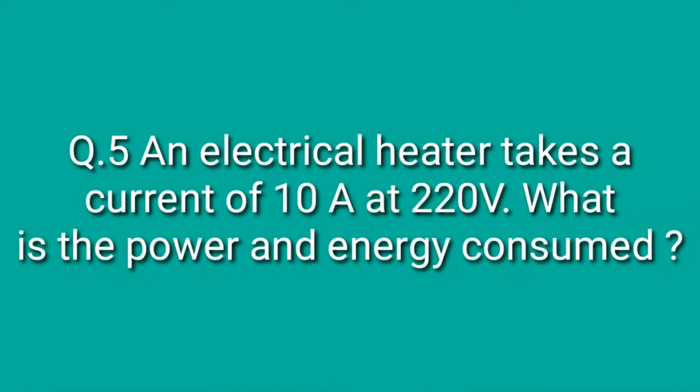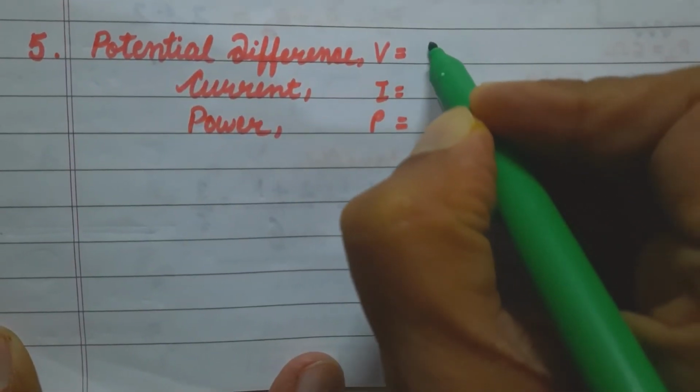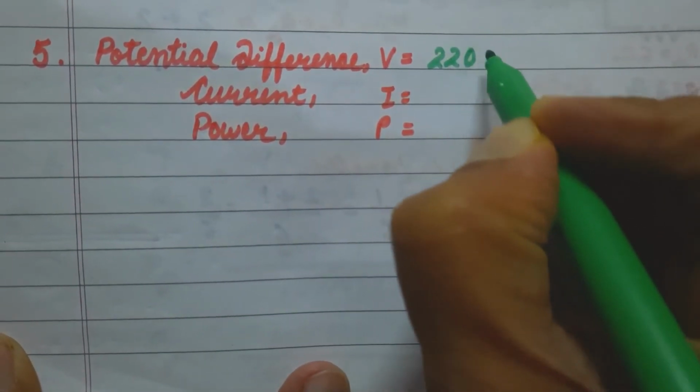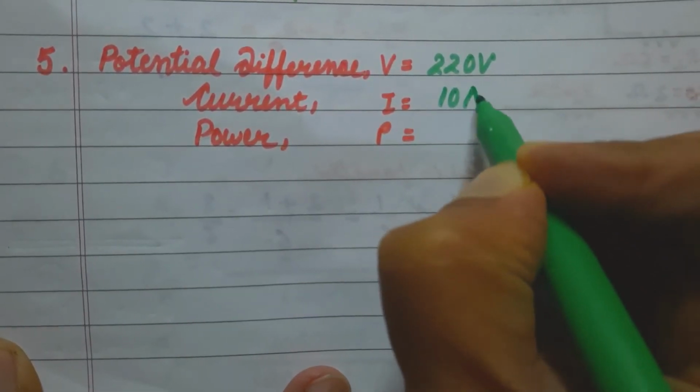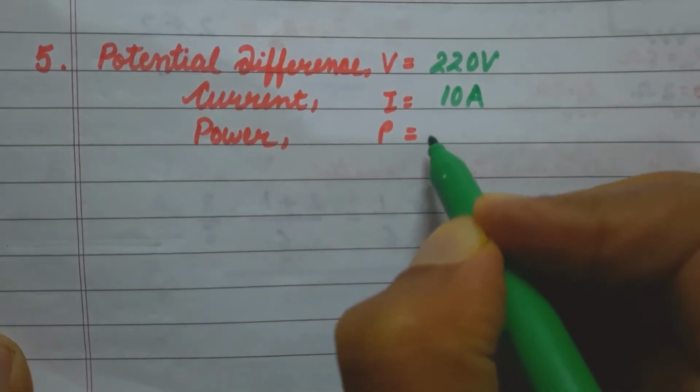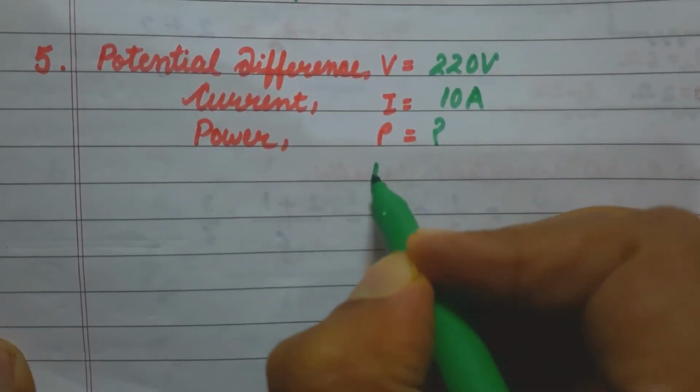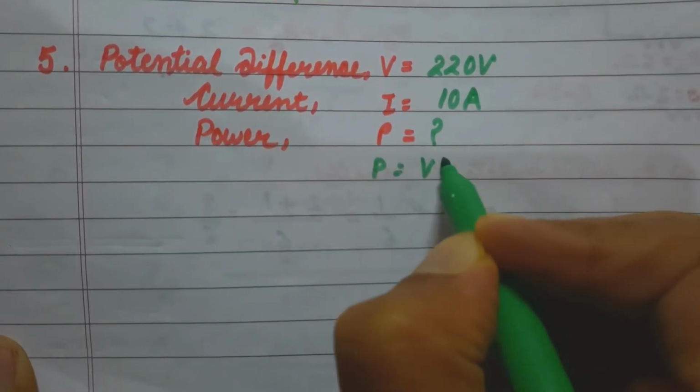Question 5. An electric heater takes a current of 10 ampere at 220 volt. What is the power and energy consumed? Potential difference is 220 volt, current is 10 ampere. We have to calculate power. As we know, P equals VI.